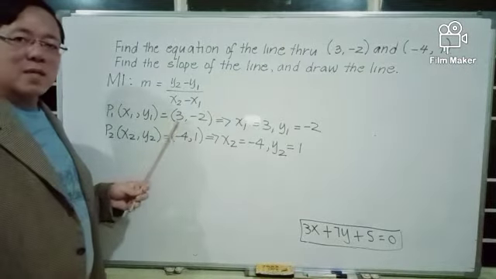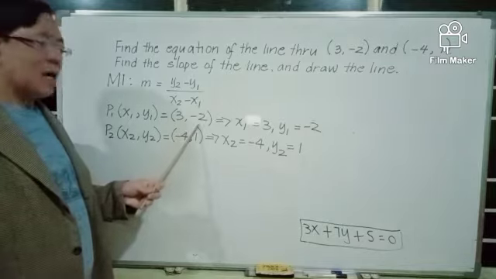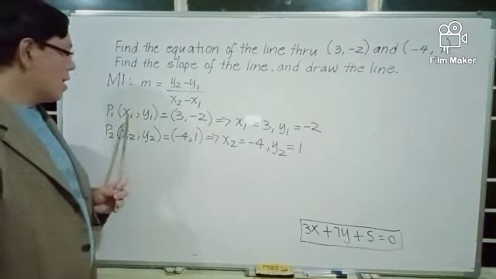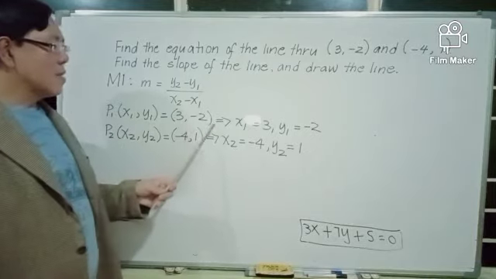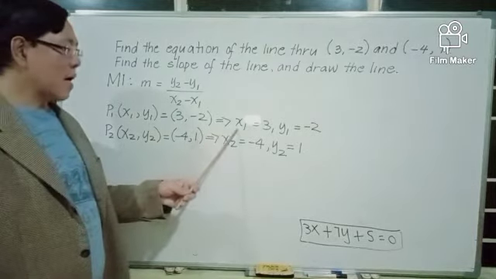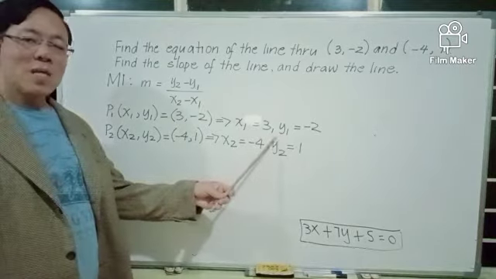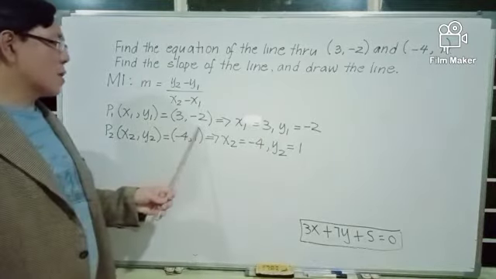The first point 3, negative 2, we have taken as the first point P1 with coordinates x1, y1, which implies that x1 is 3 and y1 equals negative 2.